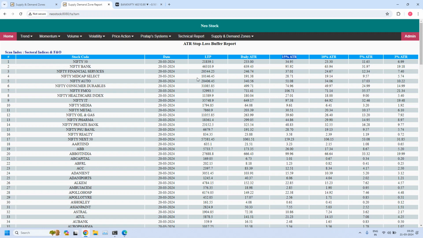And the third report, from this Monday onwards, is short-term income trades, that is DIT trade and HIT trade. Hourly income trades are mainly from an intraday point of view. In that video also, at the end, this report is available. So every day make use of these values, set these stop buffers, and accordingly plan your trades.